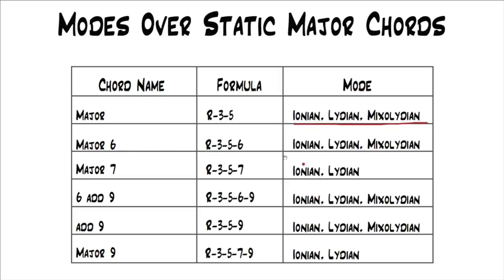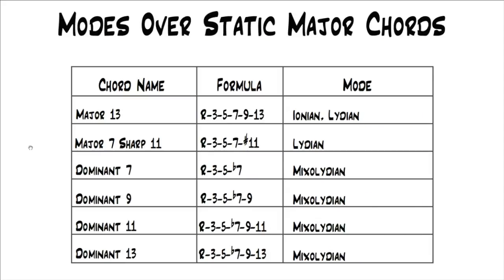If you have a major 6, exact same thing. You can use any of the major modes to solo over it. Major 7th, like I said, Ionian or Lydian, because those modes contain major 7ths in them. You can't use Mixolydian because that contains a flat 7, which doesn't work over this major 7th, and so on. I've done that through all the chords that we've talked about so far in this series.